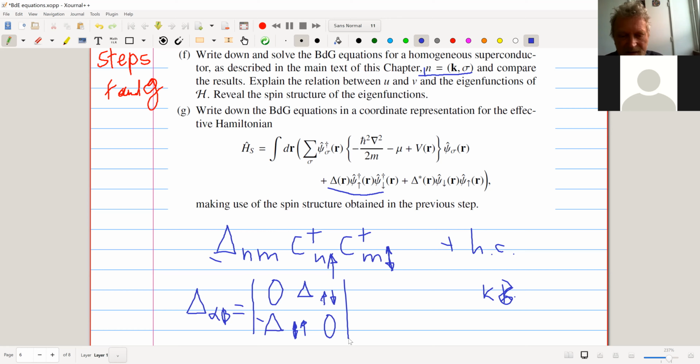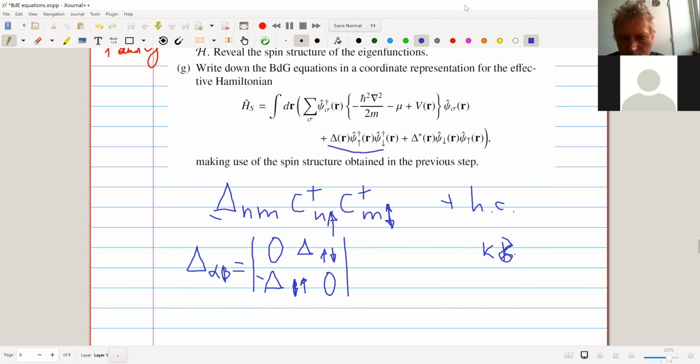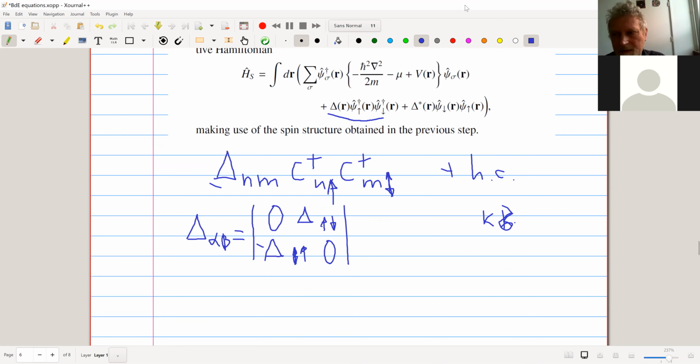You might remember from the story about spin what the spin singlet functions for two electrons are.